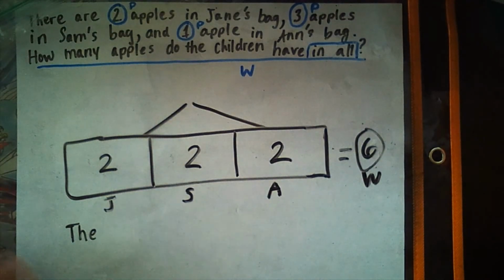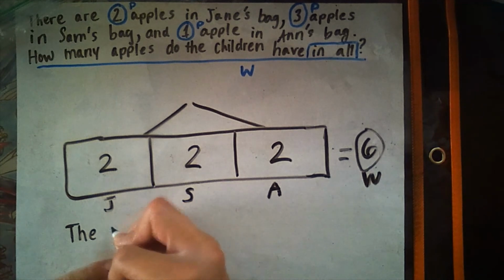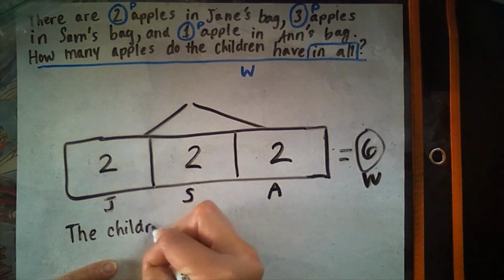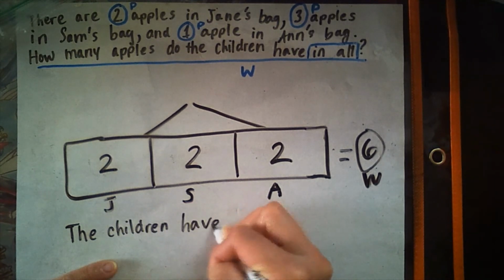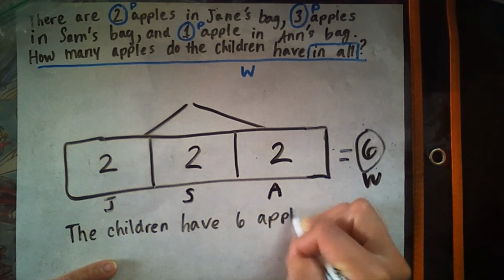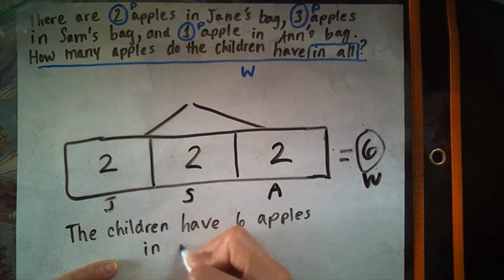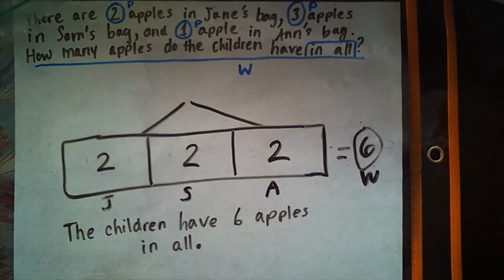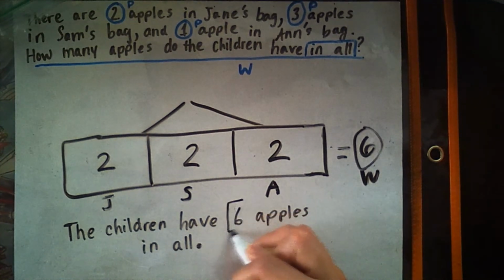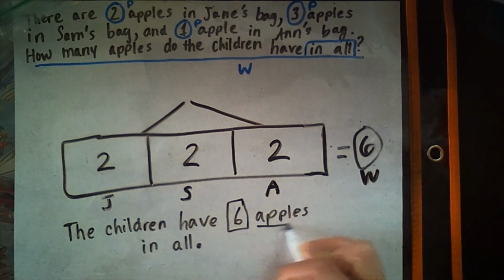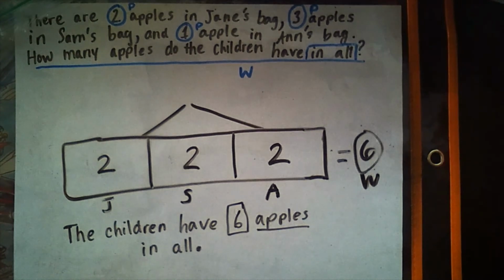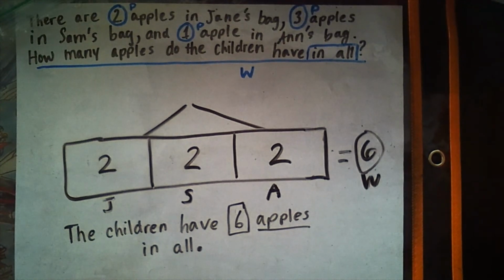Well, we know that the children have 6 apples in all. Don't forget to box in your solution and underline your unit, which is apples, because apples is the thing or item that we are counting.